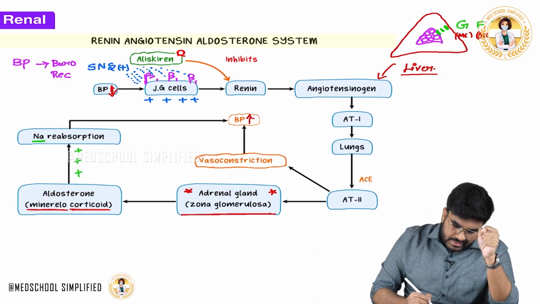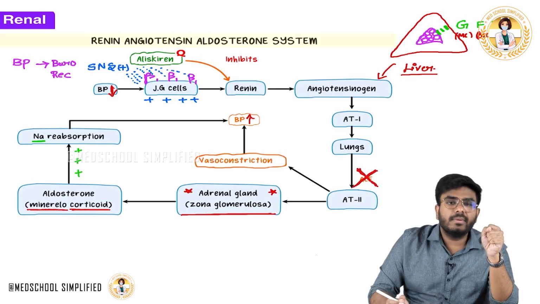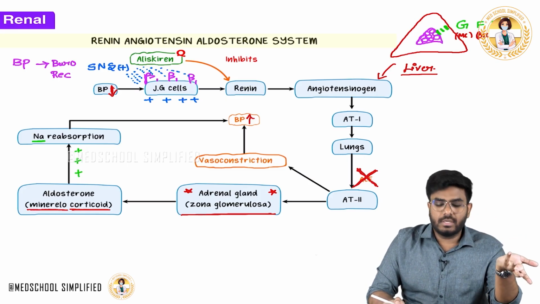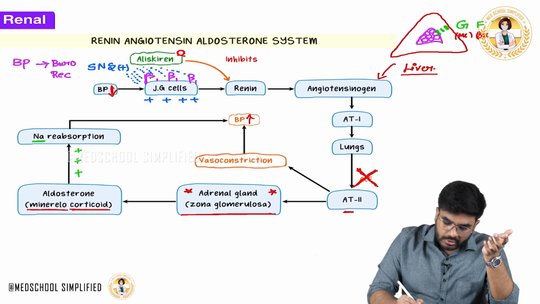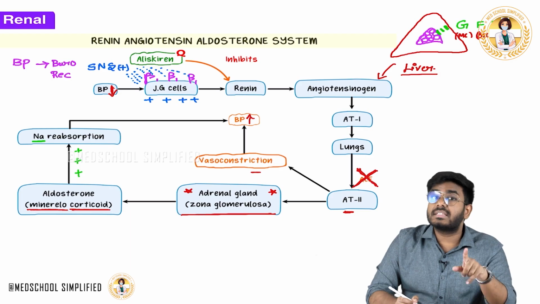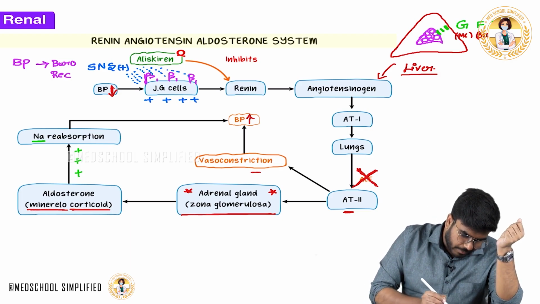By giving drugs like ACE inhibitors. When you use an ACE inhibitor, the angiotensin-converting enzyme is inhibited, so there is no angiotensin II. If there is no angiotensin II, vasoconstriction is not there, and BP decreases. This is one way. Or you can use drugs like aldosterone receptor blockers.